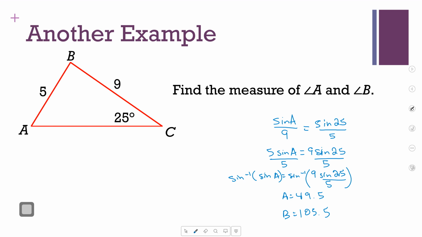Because you have to get, there's no variable. Pretend like this is basically the variable. You have to try to get sine. You're trying to find A, right?